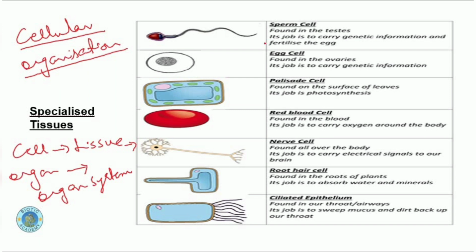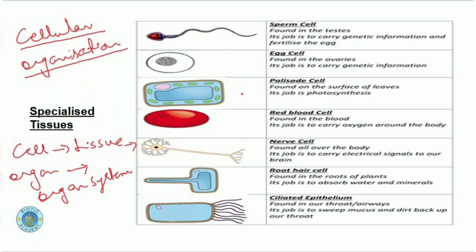So the next cell is the egg cell. The sperm is the male gamete and the egg cell is the female gamete. They both fuse together to form the zygote in order to bring out a new human being.